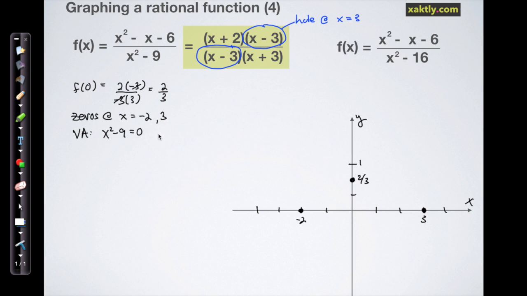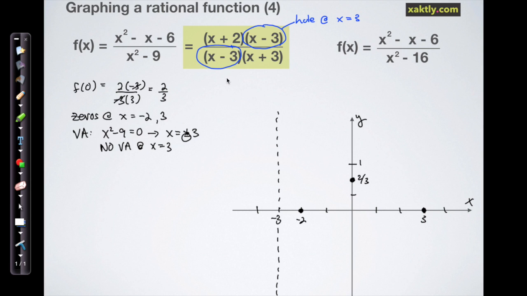The vertical asymptotes are the zeros of the denominator, and they are going to be plus and minus 3. So we know that there's a vertical asymptote at -3, but not one at x equals 3 because we know we have a hole there. So we have one vertical asymptote at x is equal to -3.